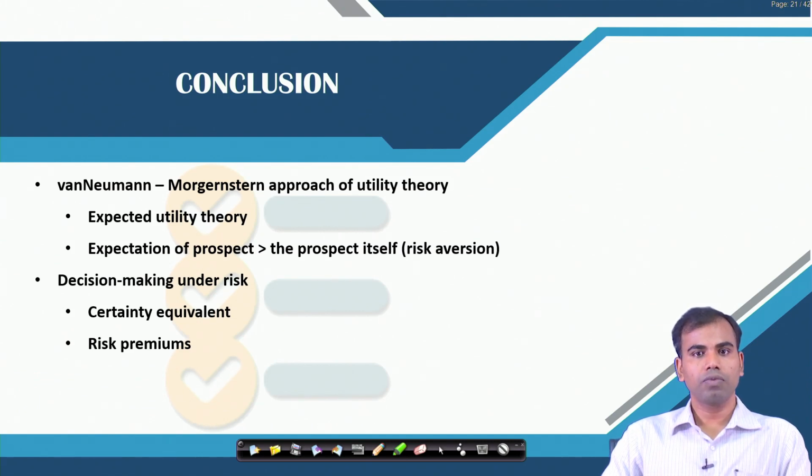And further, we discussed that risk aversion characteristics can differ across situations.